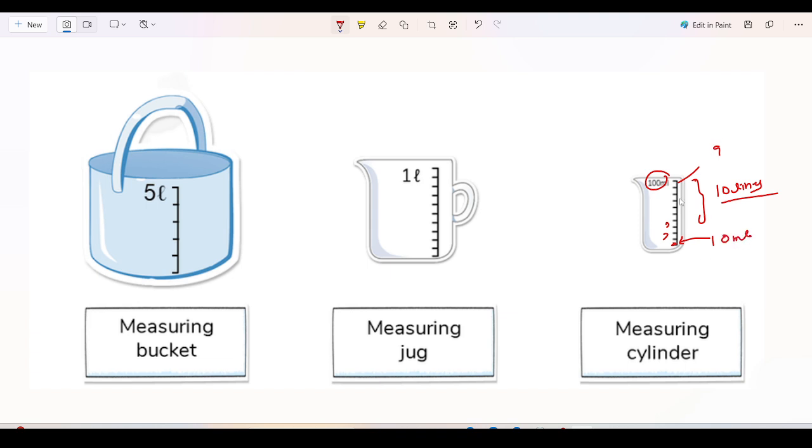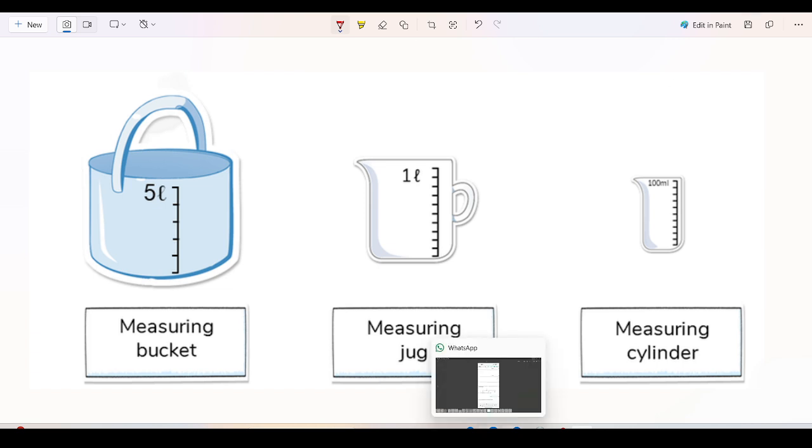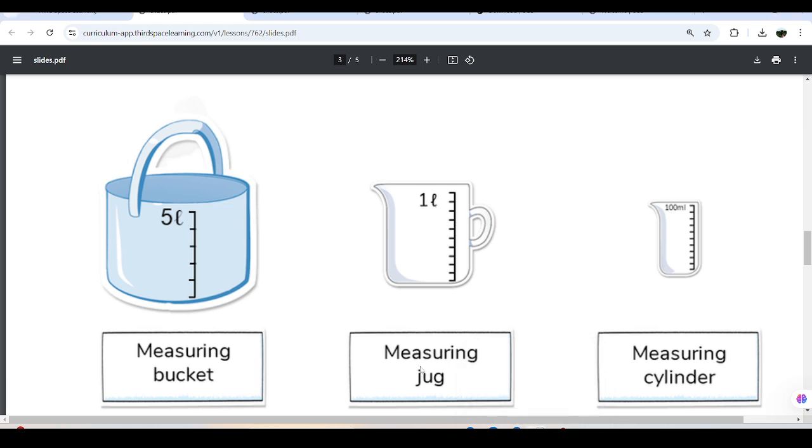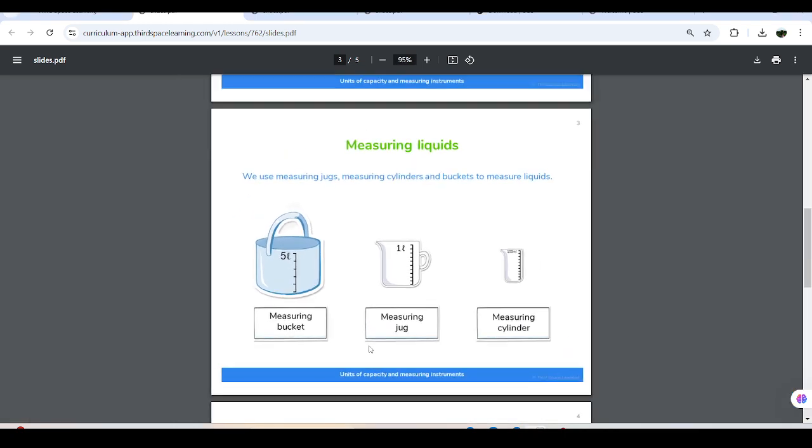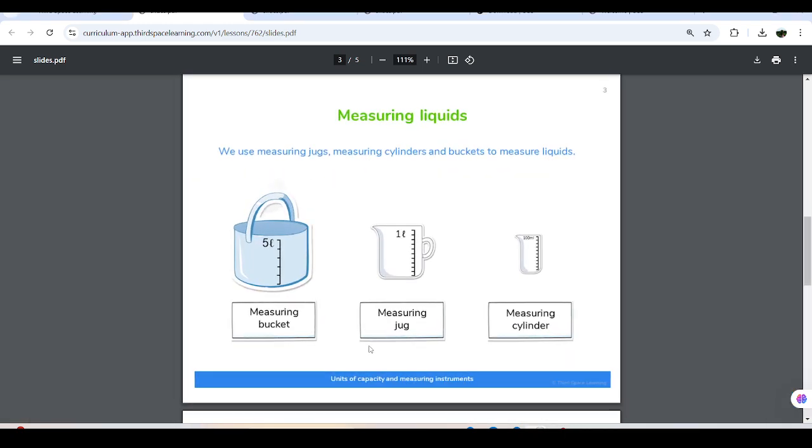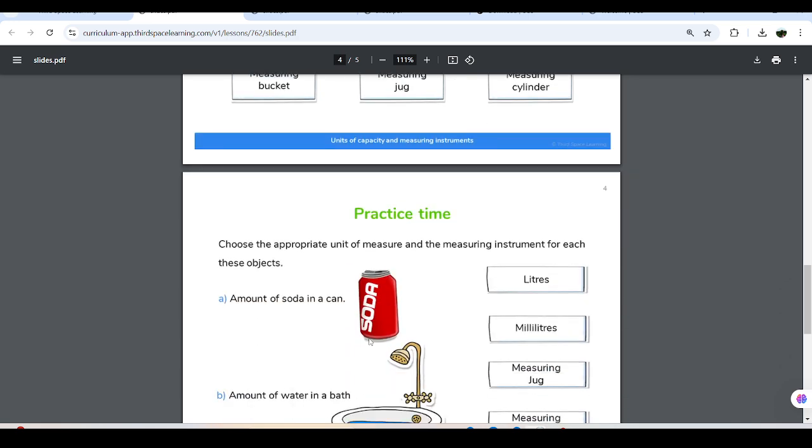Very good. How much is this one representing? 90 milliliters. Perfect, 90 milliliters. That's how we can measure using these measuring cylinders, jugs, and buckets.